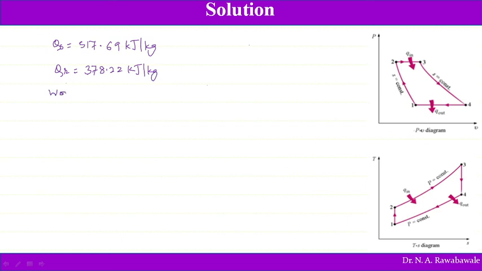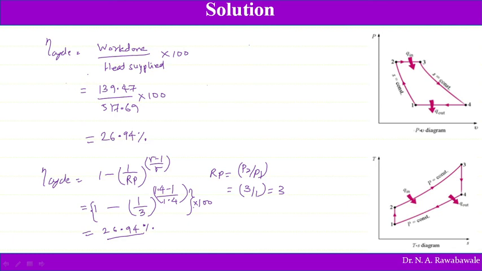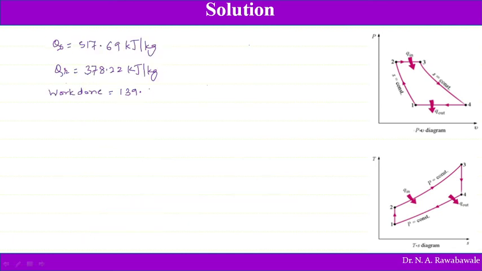Work done is equal to 139.47 kilojoules per kg.